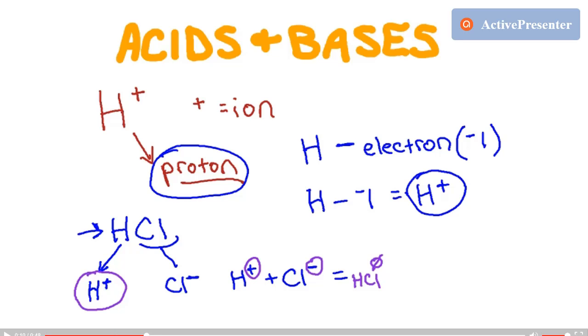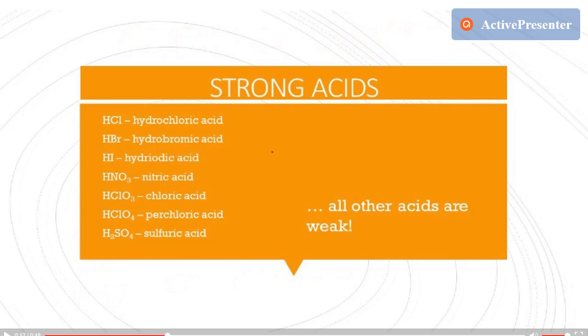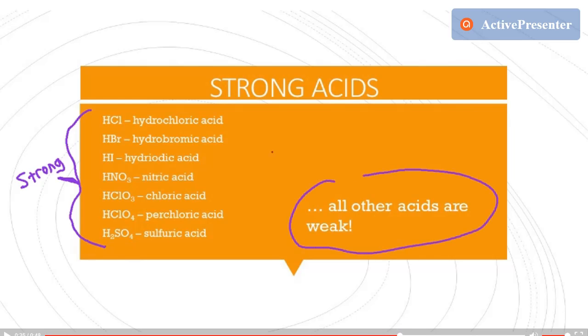Now, you should, by now, have memorized these strong acids. This was a memorization assignment in your chemistry class. You should have this memorized, the strong and the weak acids. But the trick is that if you just memorize these strong acids, then you'll know that all the other acids are going to be weak.